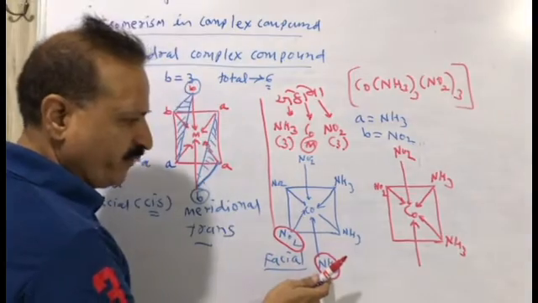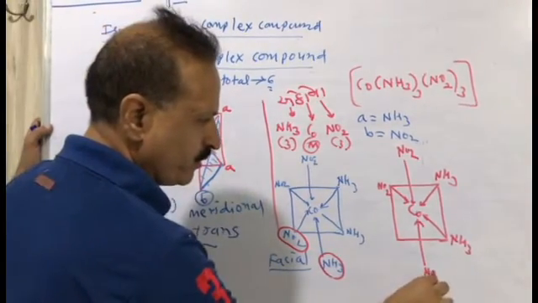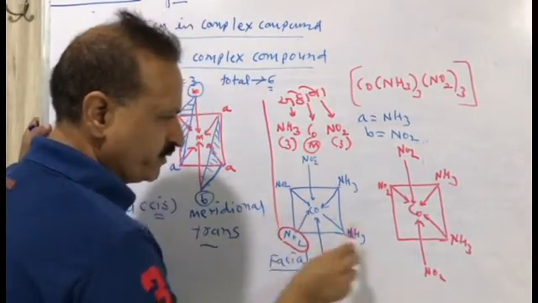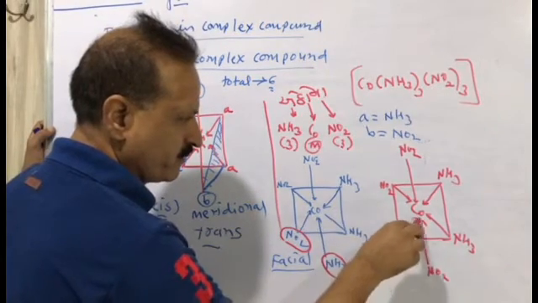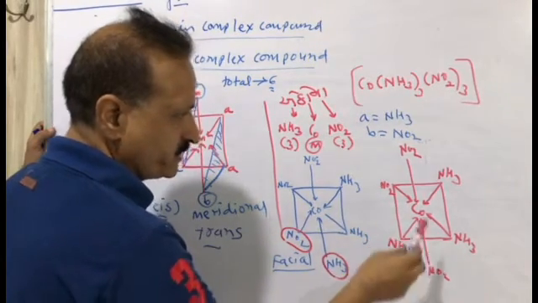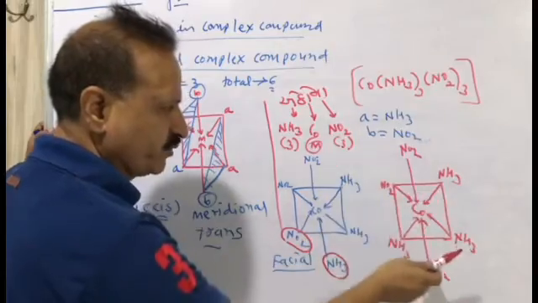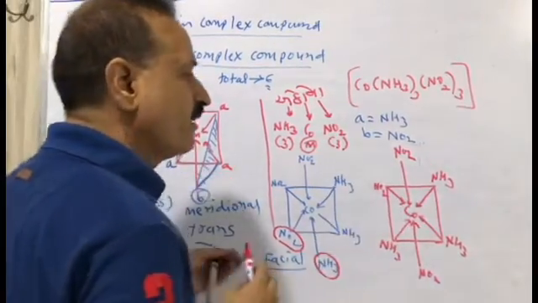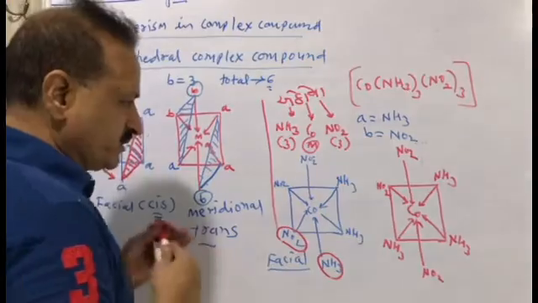Just in place of ammonia there will be nitro, and in place of nitro there will be ammonia. The same ligands are at opposite sides, so it is said to be meridional. We can draw the structure like this.